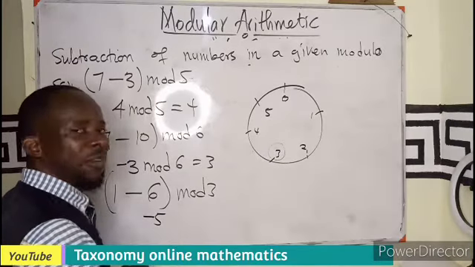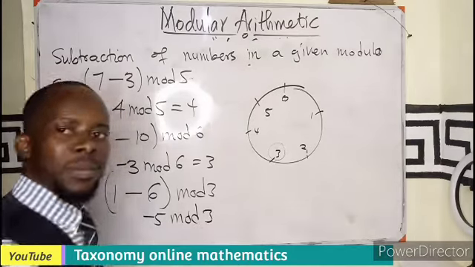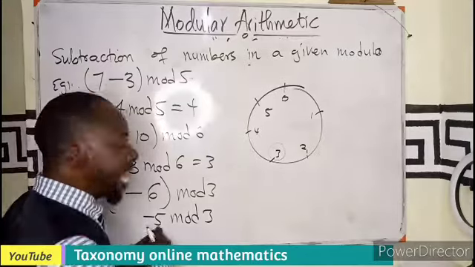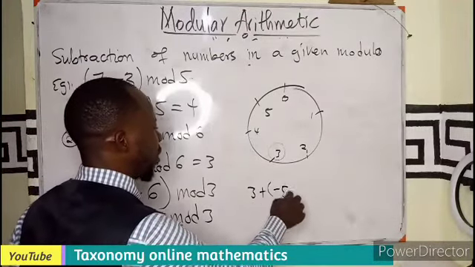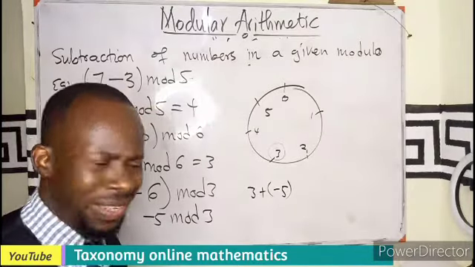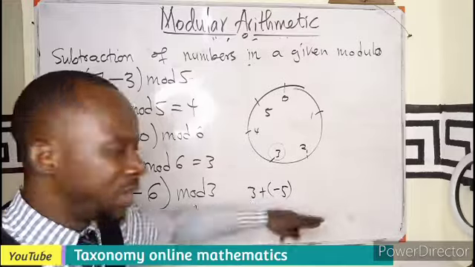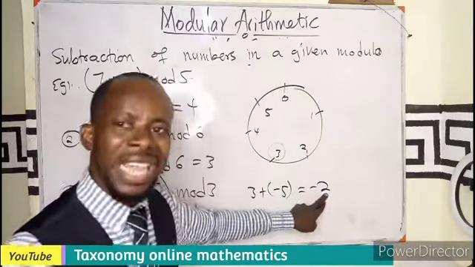So negative 5 mod 3. From the first explanation, we said we have to add the answer to the mode. So 3 plus minus 5, meaning 3 minus 5. And that will give you minus 2.